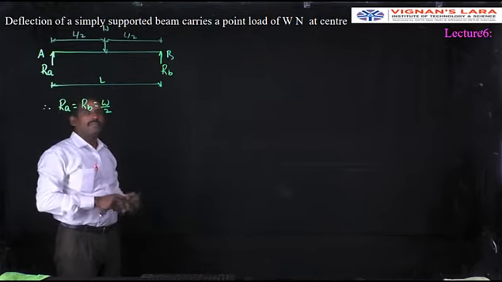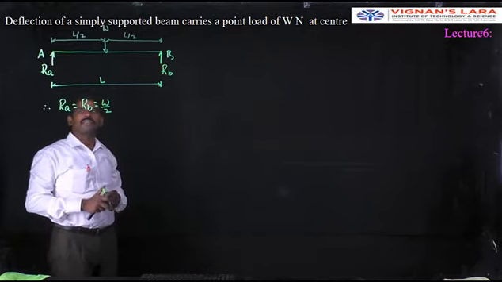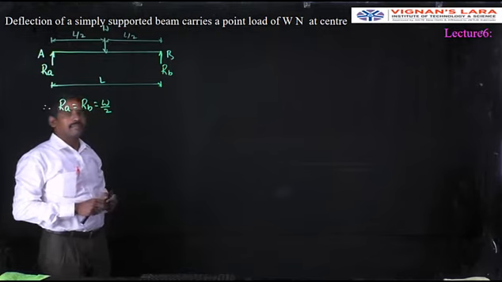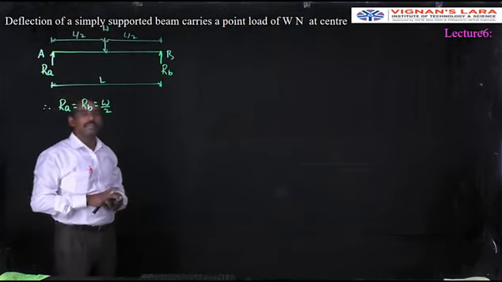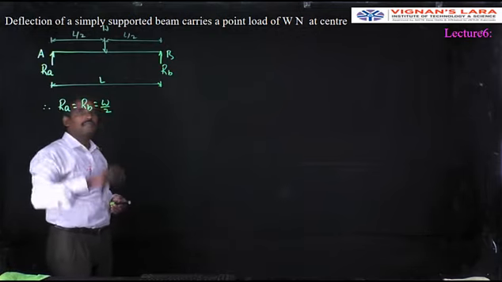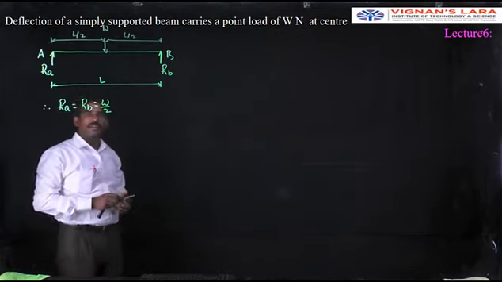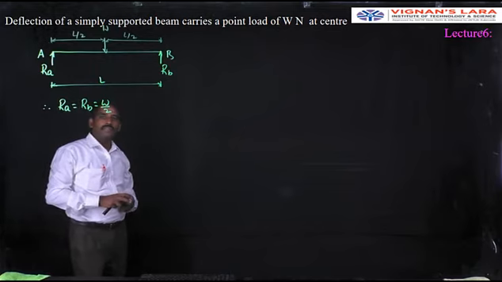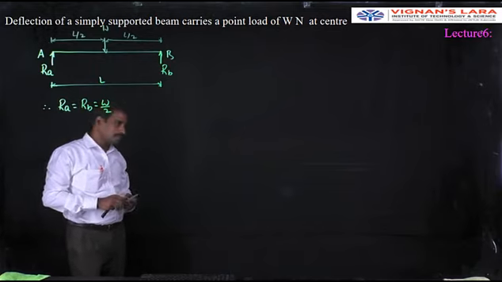One is equilibrium of system of forces, second one is the equilibrium of moment. Based on these two equations, we can find out RA and RB. Simply we write RA is equal to RB is equal to W by 2.